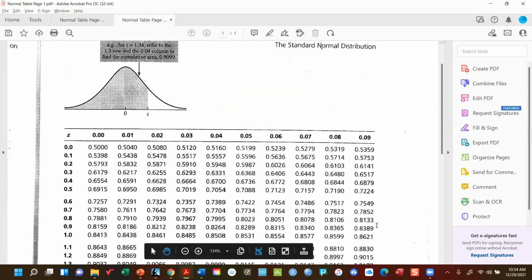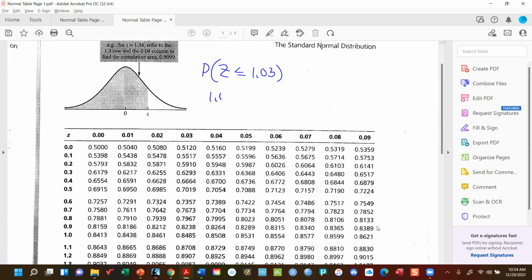Oh, whoops. So we look for the combination of 1.0 in the first column and 0.03 in the top row. Here we are, 0.8461.